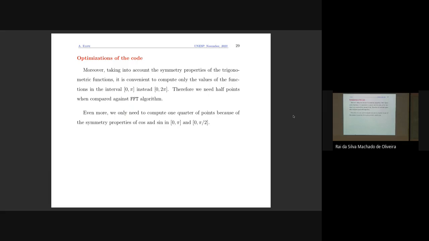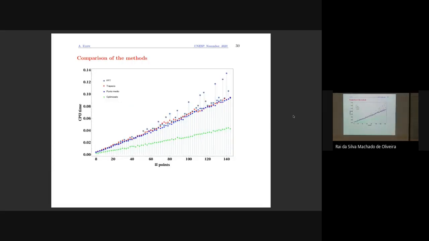And also we store some evaluations of the trigonometric functions that we need once, and we don't need to compute again, but we call the stored point. And this is a comparison in CPU time with the fast Fourier transform, the trapezoidal rule. Also, we did with another method, the midpoint, and this is with the optimization that I mentioned now.